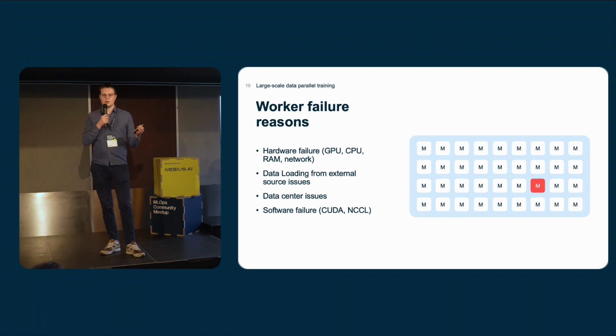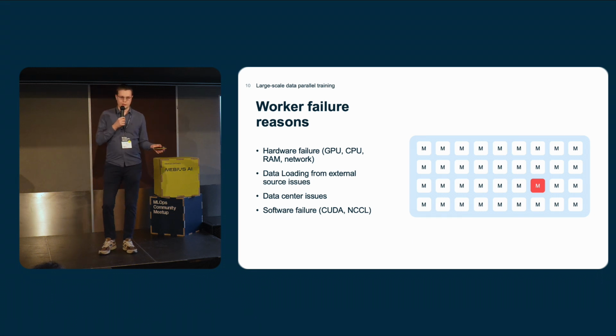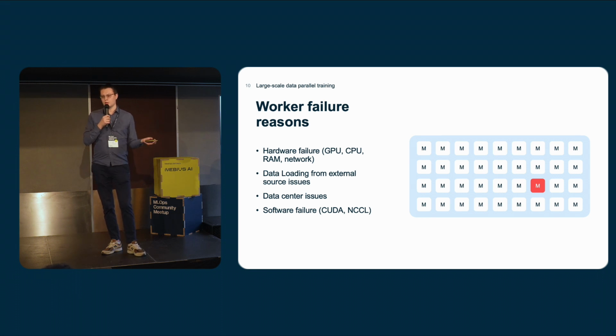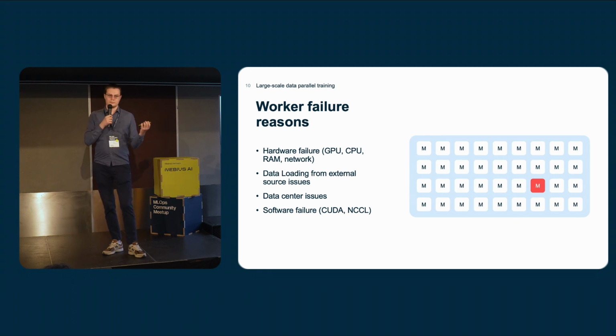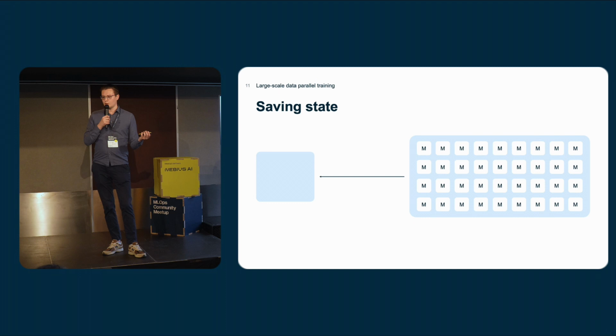For example, hardware failure, problems with CPU, RAM, network, data loading issues, as we usually stream our input data from an external source, data center issues with power supply, for example, or some software failure.